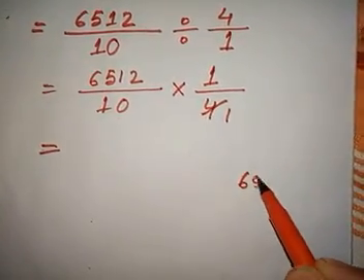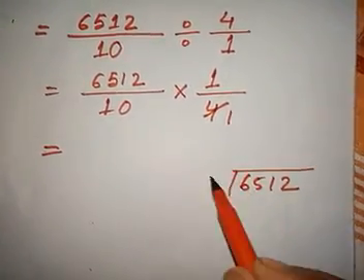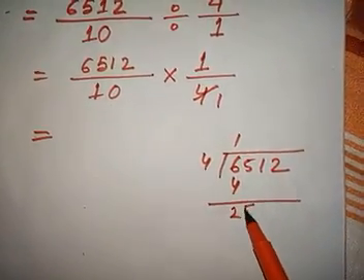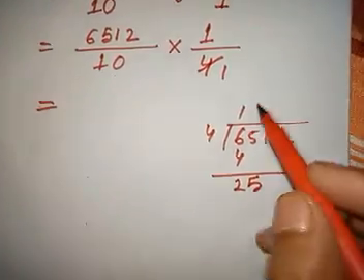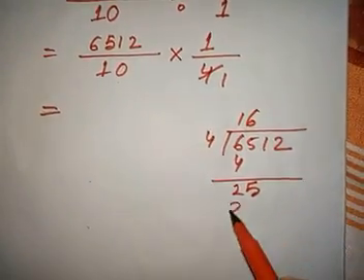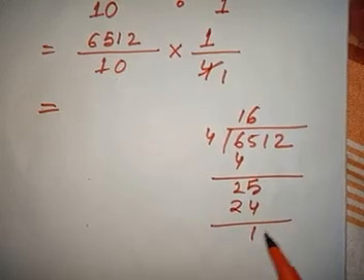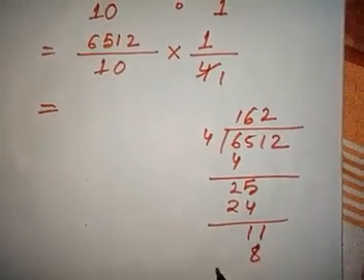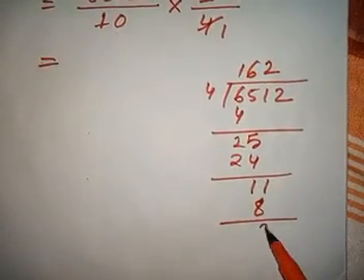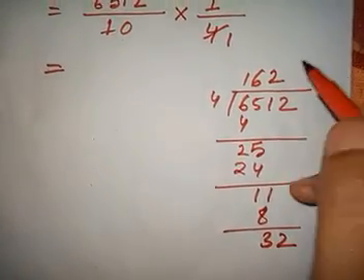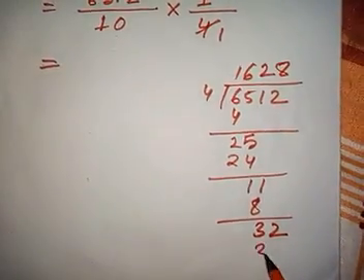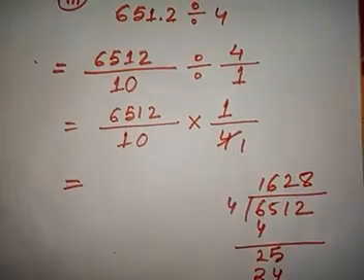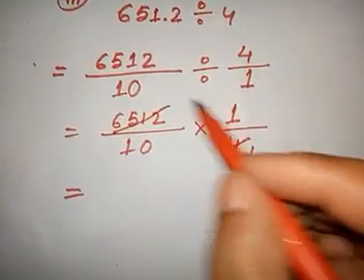Let's see, 6512. 4 1s are 4, 2 2 5, 4 6s are 24, 1 1 1, 4 2s are 8, 3 2, 4 8s are 32.